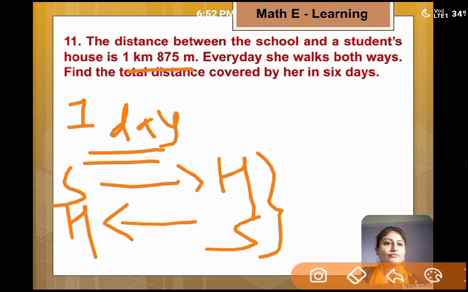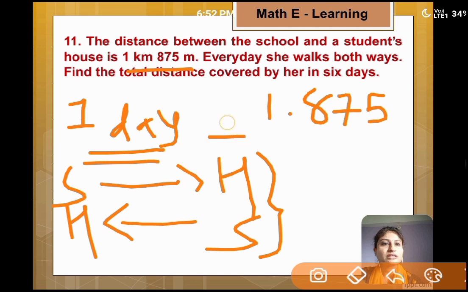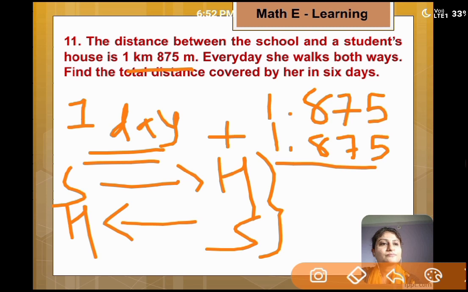So first we add this distance. This is the distance from home to school. Then she returned from school, and after covering this distance she reached home.